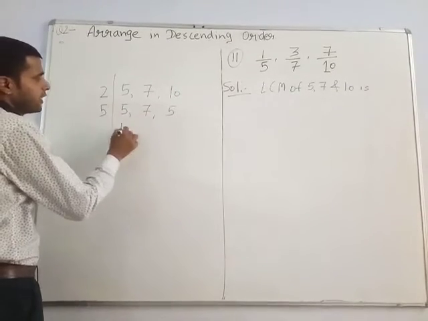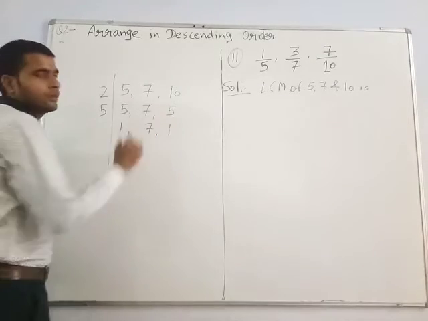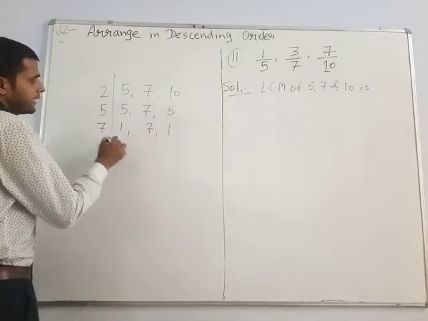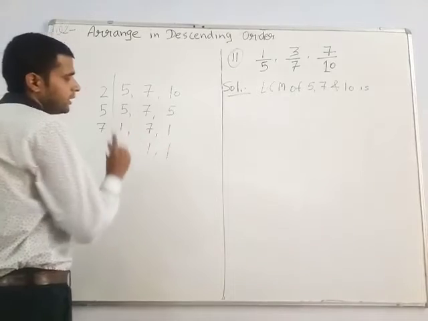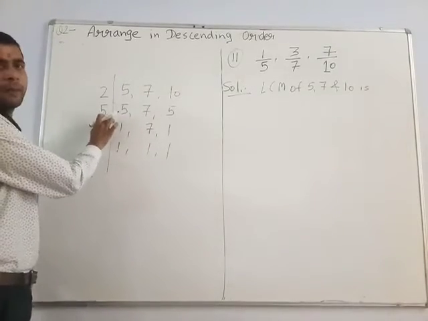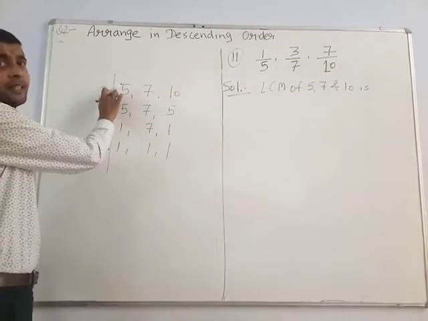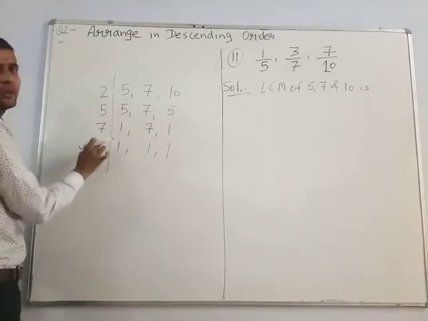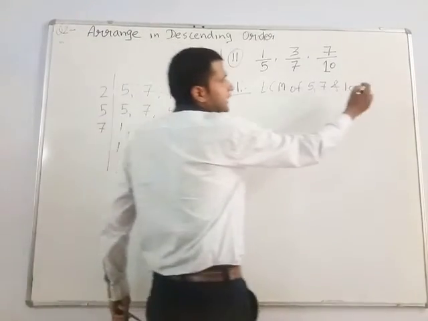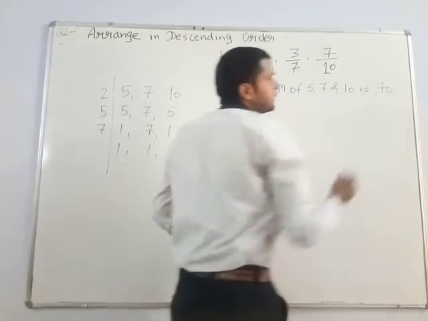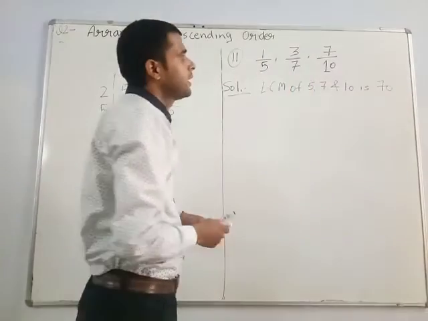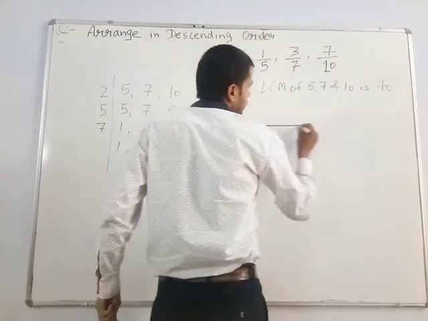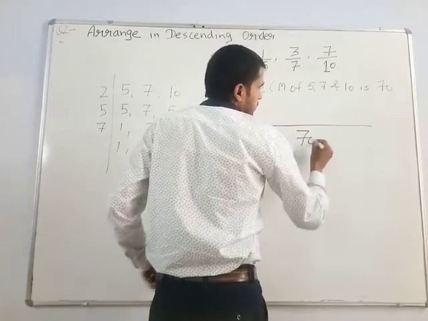Then 5, 1, 7, 1. Then 7, 1, 1, 1. So LCM is 7 fives are 35, 35 times 2 is 70. So LCM is 70. Right?